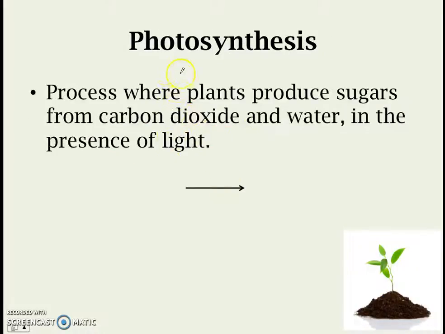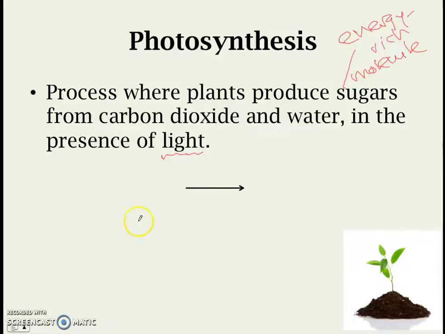So photosynthesis, as you might already know from primary school, is a process where plants produce sugars, those energy-rich molecules like glucose, from carbon dioxide in the air and water which they absorb from the ground, and importantly in the presence of light energy.